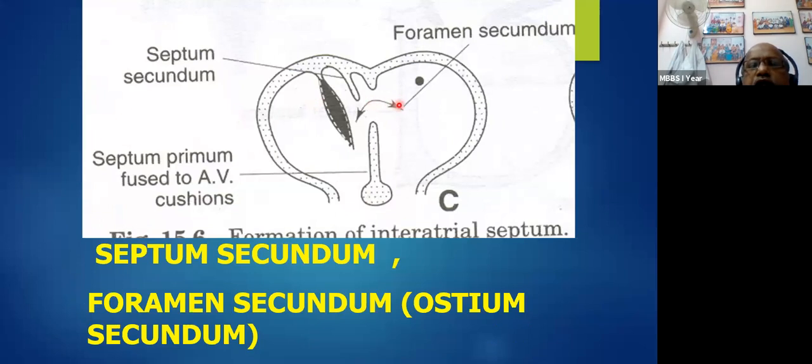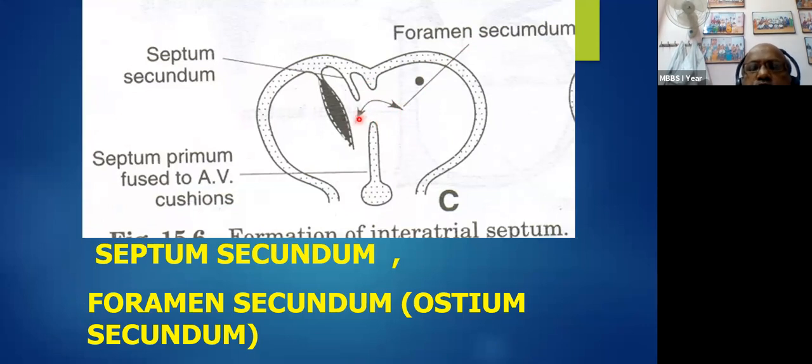That is the foramen secundum, or ostium secundum. What is getting fused with the septum intermedium, or AV cushion, is the septum primum. So now you see shunting of blood takes place from the right atrium to the left atrium through the ostium secundum, or foramen secundum. Now this should be closed after delivery.